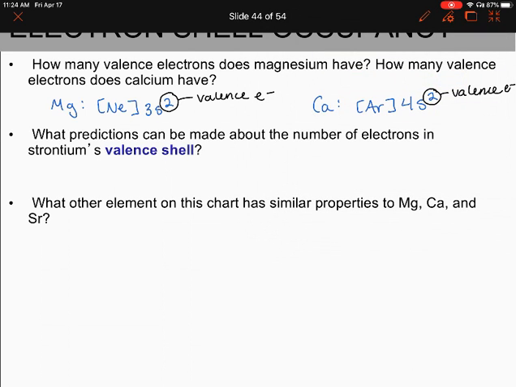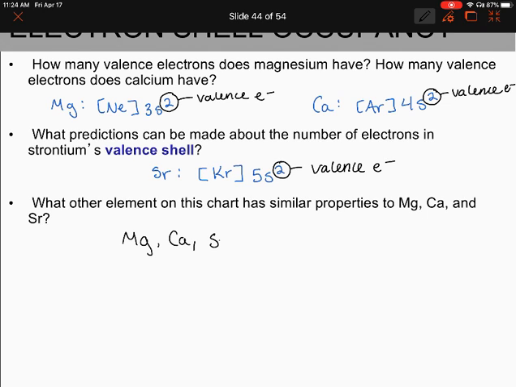So we said that strontium's noble gas configuration was krypton 5s2. So that means that strontium also has 2 valence electrons. And remember, magnesium, calcium, and strontium are all in group 2, or 2A.